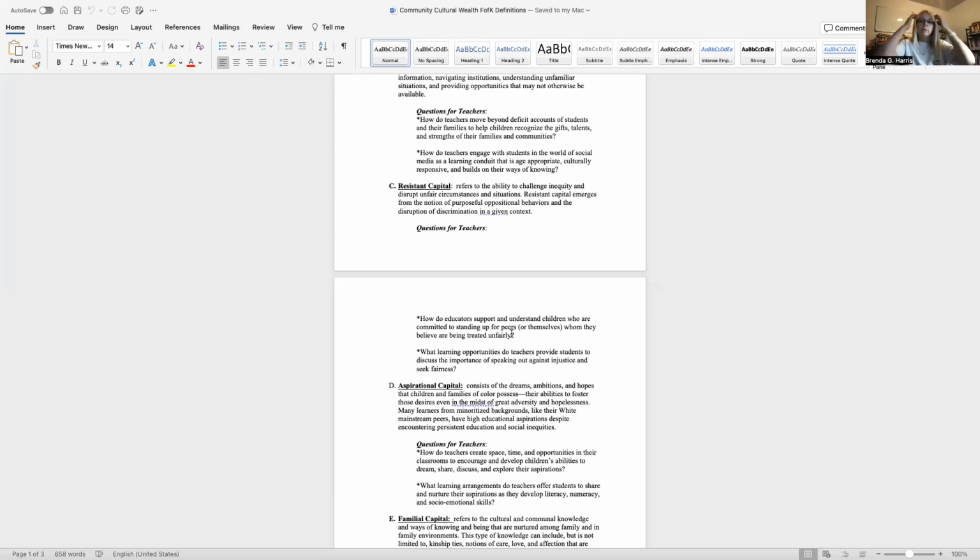He was 4, so he wasn't developmentally able to name it, but he got the message that he was the wrong color and wanted to wash it off. So resistant capital is when kids understand that there are some inequities, and how do they deal with that? Sometimes it's in a healthy way, sometimes it's in a not so healthy way.